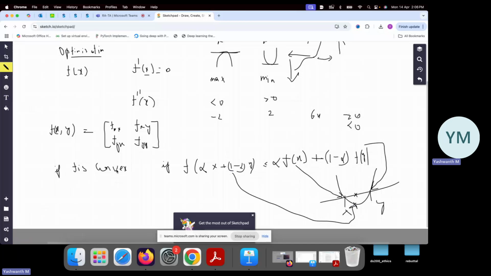This is convex. Whenever the function is convex, the local minimizer is the same as the global minimizer. For general functions we cannot guarantee that we always find global minimizers. Only for convex functions do we have that property.